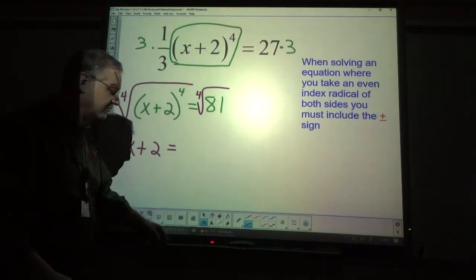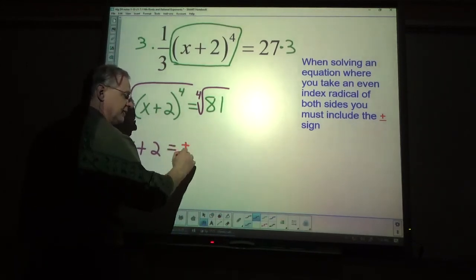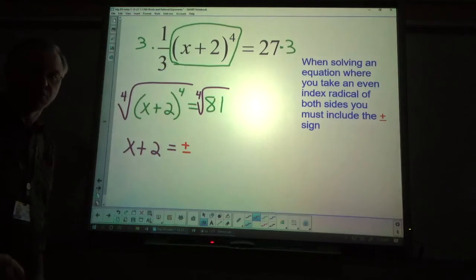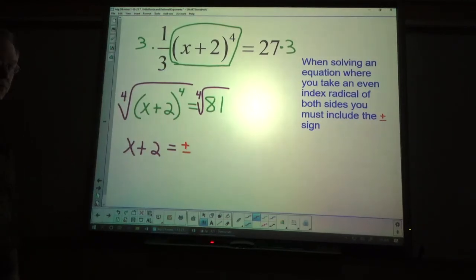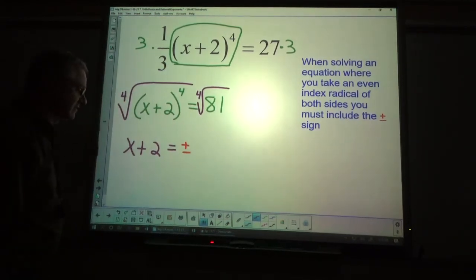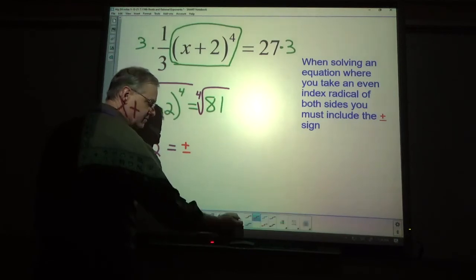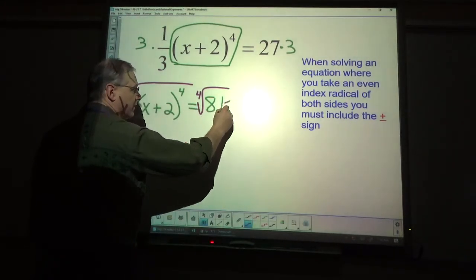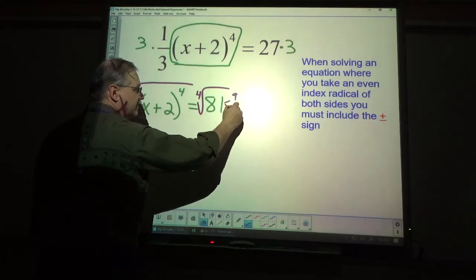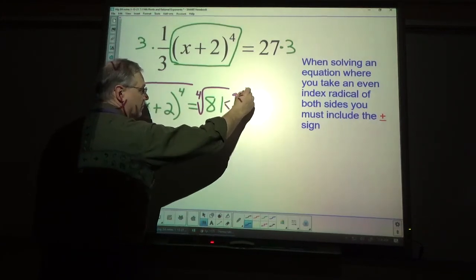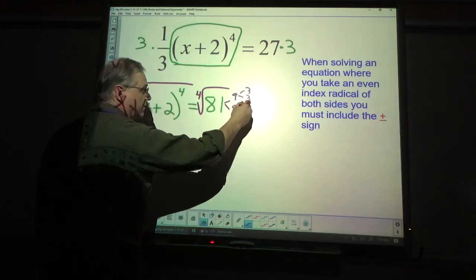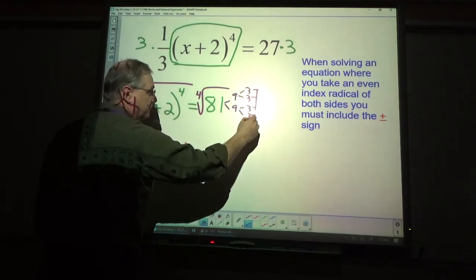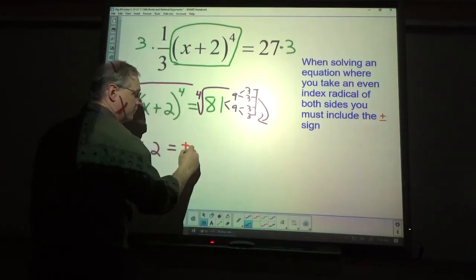And on the other side, remember, we're including the plus minus sign because we took the fourth or even index root of both sides. All right, so I need to take the fourth root of 81. All right, 81. 9 times 9, 3, 3, 3, 3. I have 4 3s, I pull 1 out.